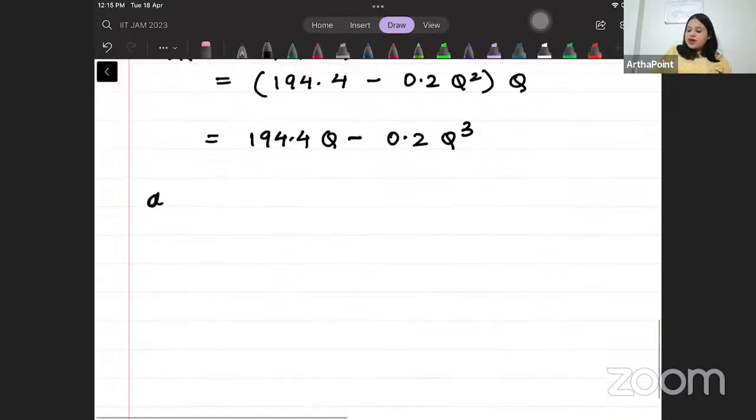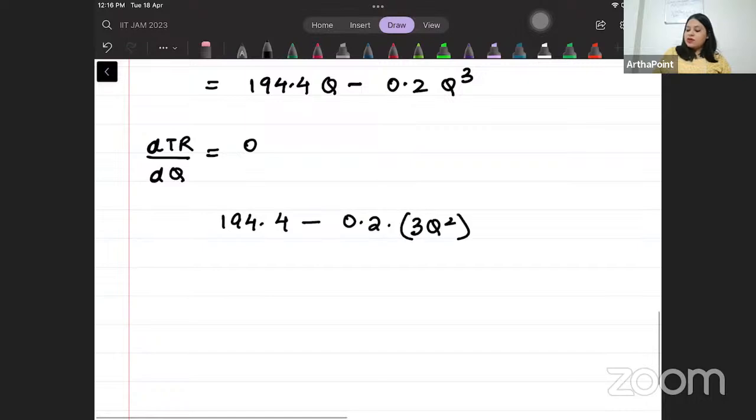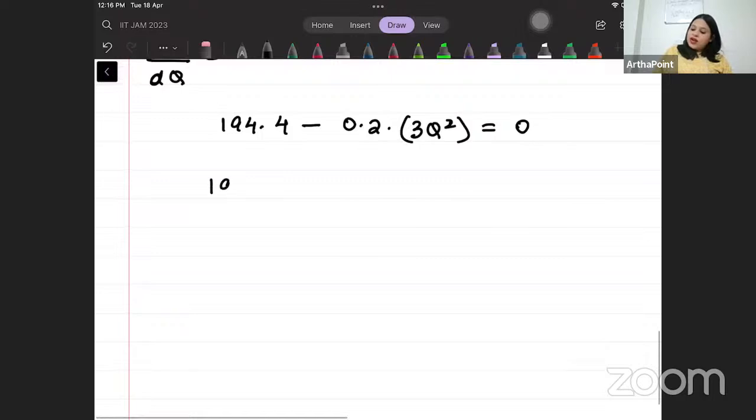Now we have to maximize the total revenue. So differentiate this with respect to q and equate it to 0. So what will we get? 194.4 minus 0.2 into 3q square is equal to 0. Just remember this, okay?